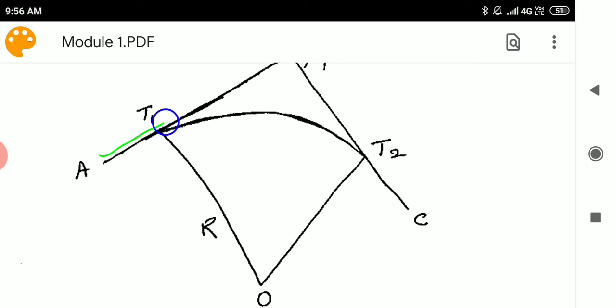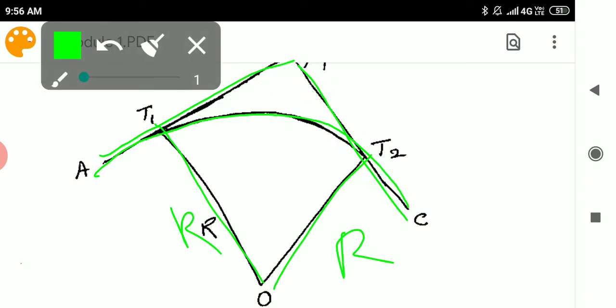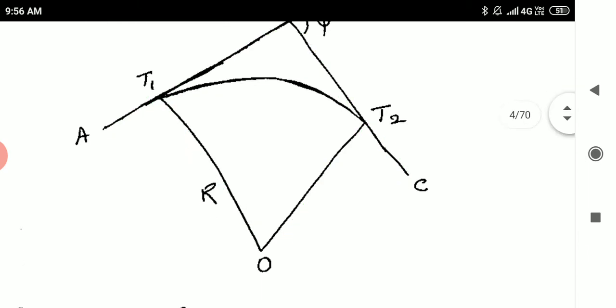Connecting two tangents with a radius makes a single curve, called a simple curve. See, this is radius R, and this is tangent T1 and tangent T2. By using the two tangents we get one curve.